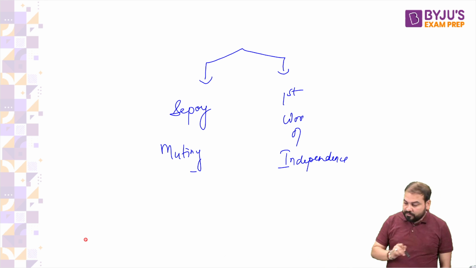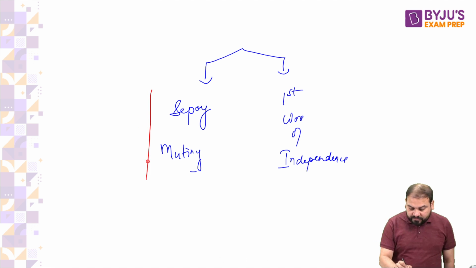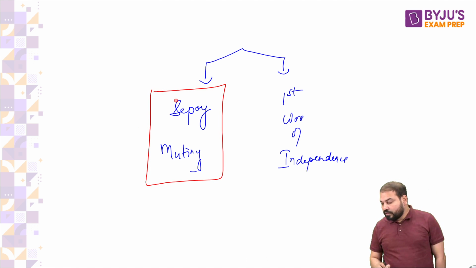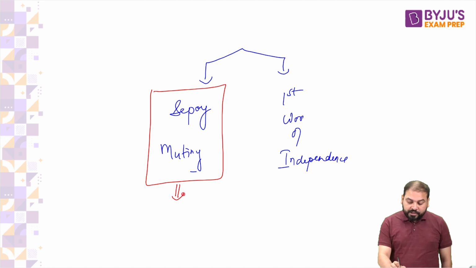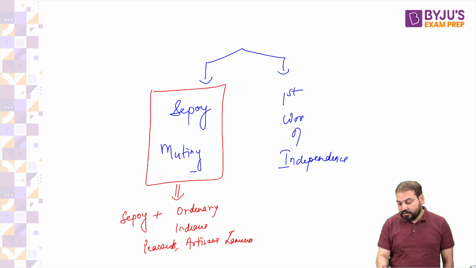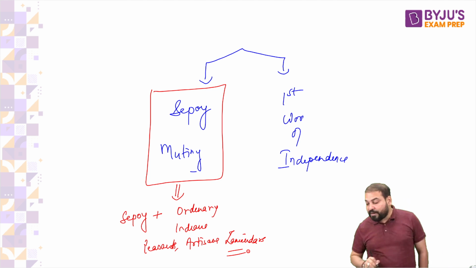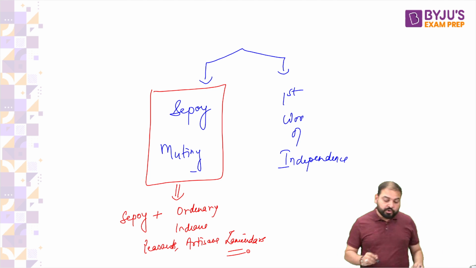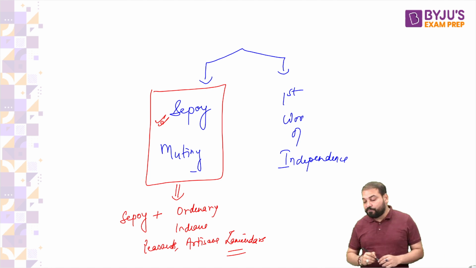See, it is not a Sepoy mutiny. Why? Because not only sepoys, but ordinary Indians like peasants, artisans, some zamindars, all these people participated. That means you cannot call it simply a Sepoy mutiny.